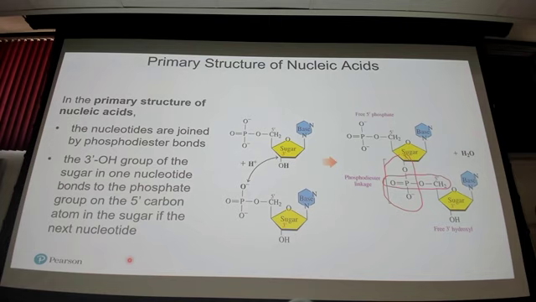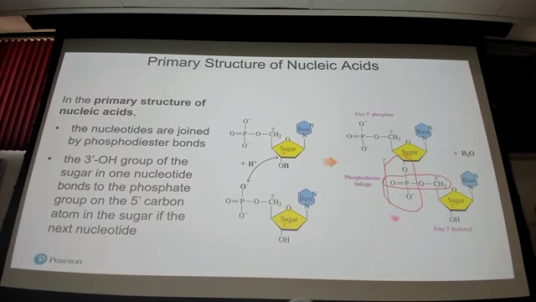So the primary structure of nucleic acid just consists of nucleotides that are joined together by phosphodiester bonds. In this bond, we know that this is a nucleotide here where the phosphate group is attached to the 5' carbon.